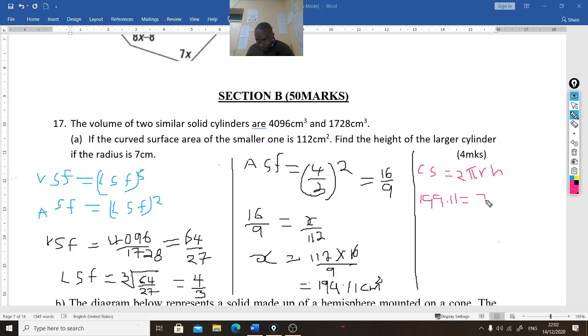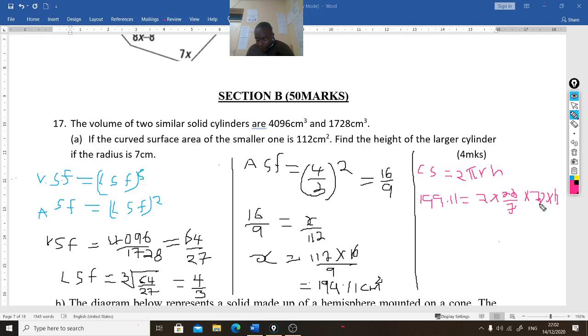You take pi to be 22/7, so 2 times 22/7 times my radius, which you were told is 7 centimeters, times h.